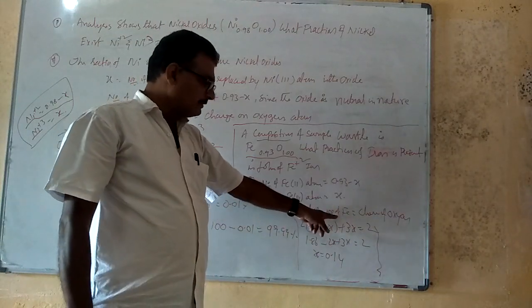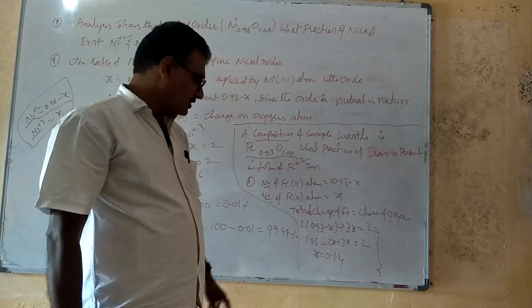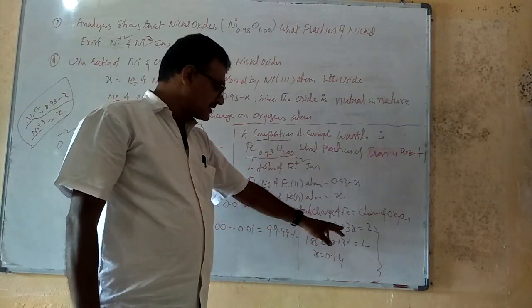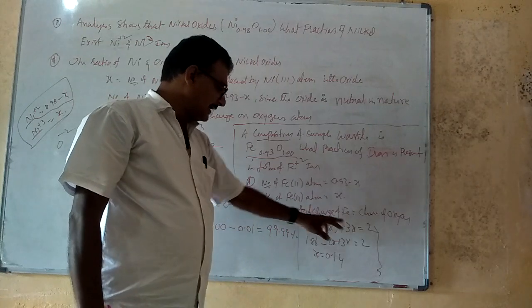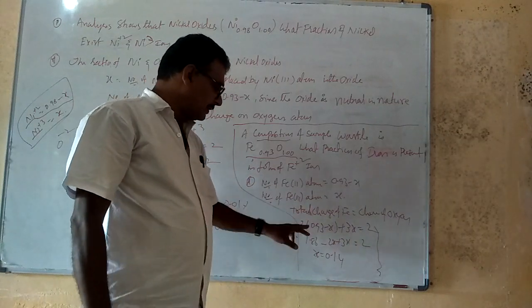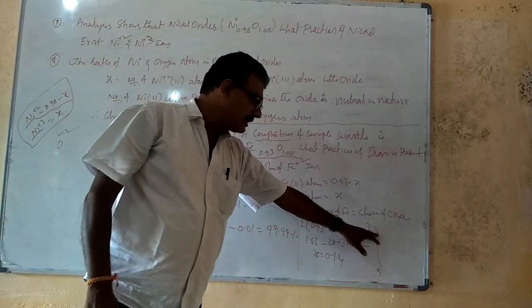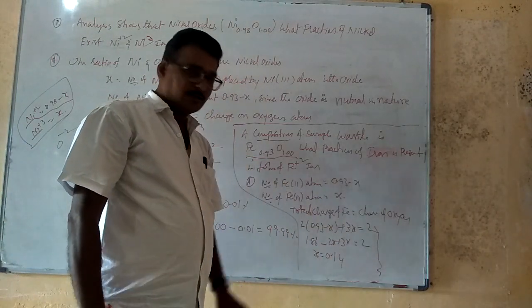The total charge of the iron is equal to the charge of oxygen: 2 into (0.93 minus x) plus 3x. Why? Because for iron 3 it is 3x, for iron 2 it is 2 into (0.93 minus x), equal to the charge of oxygen.